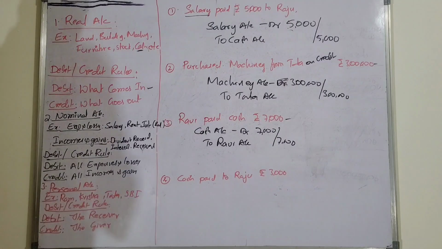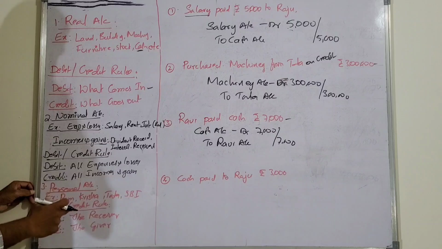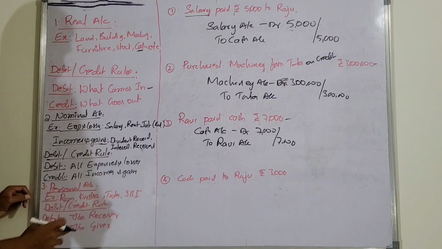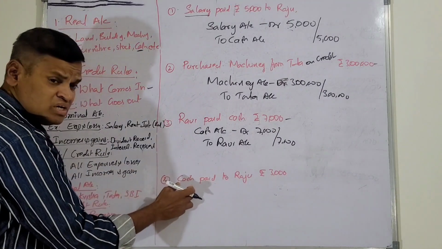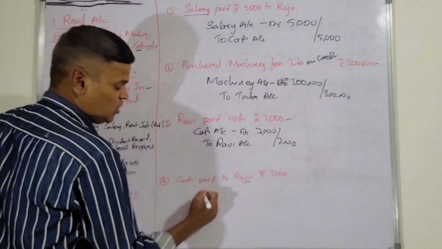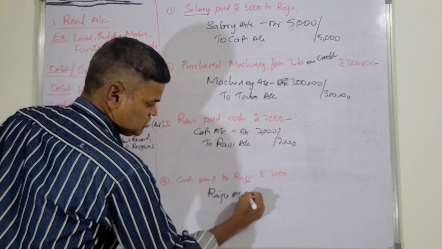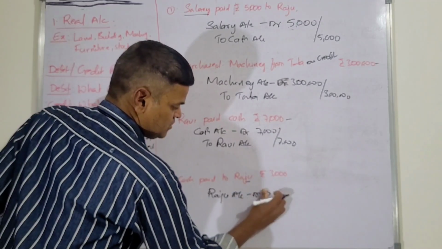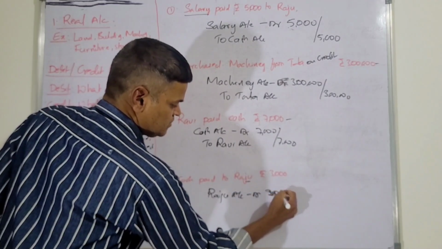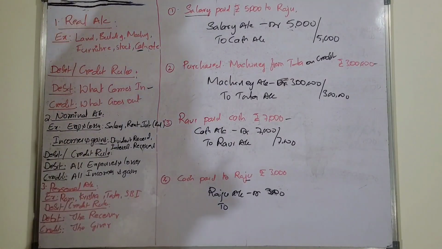The receiver may be a person, a natural person or an artificial person: Ram, Krishna, Tata, SBI. Any person who is receiving benefit from us. We are paying cash to Raju. Raju is receiving the benefit. Raju account debit rupees 3,000. Right? Debit is over.